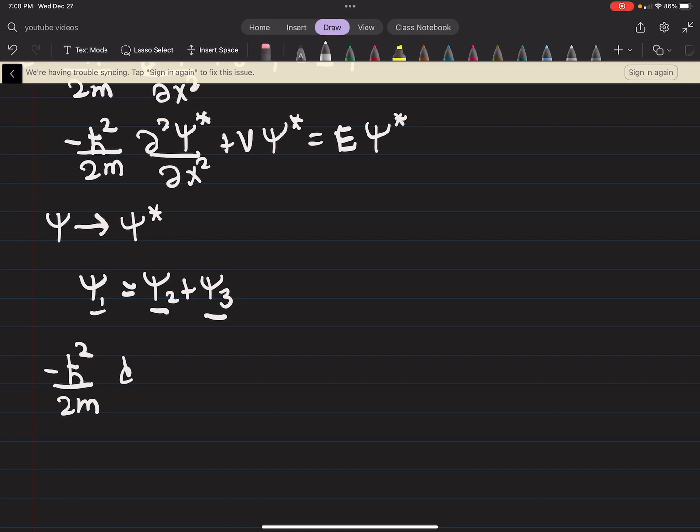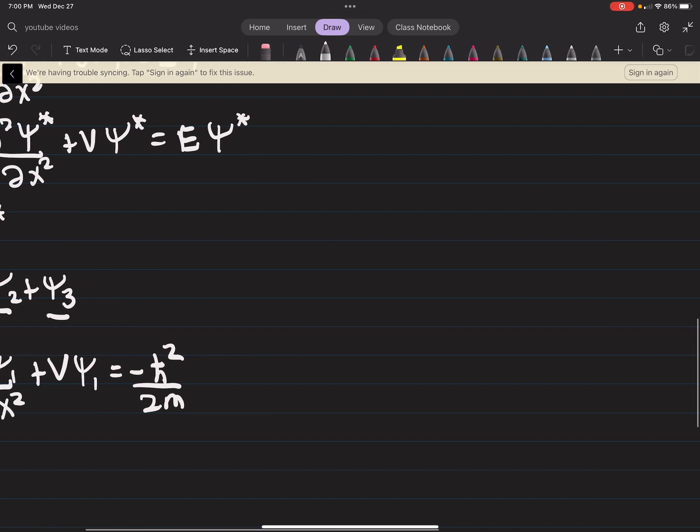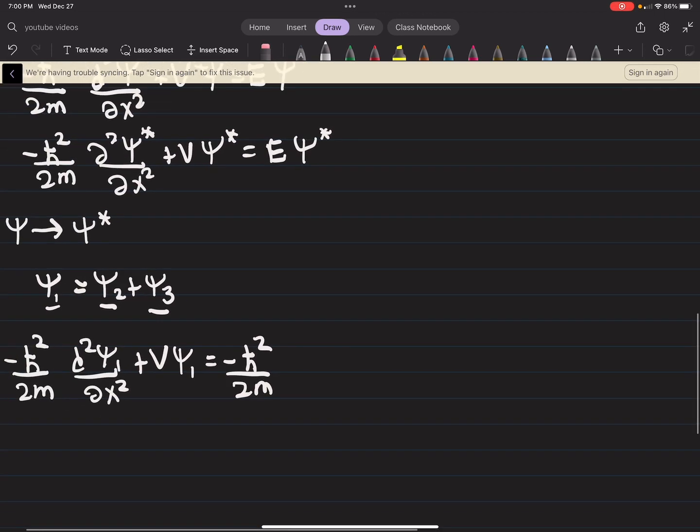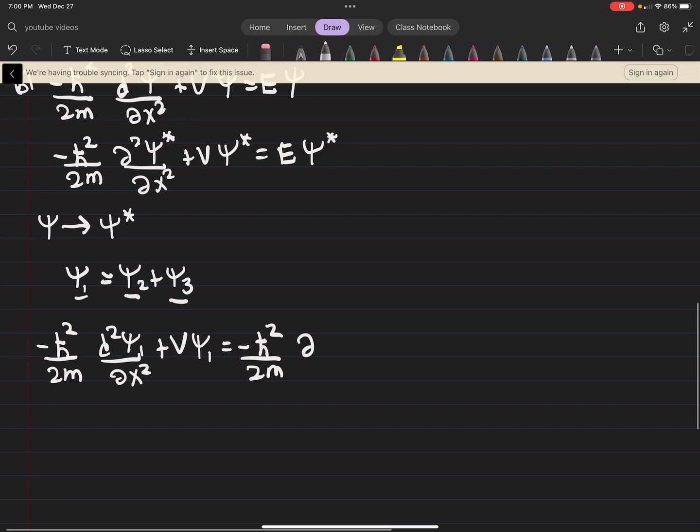And then from there, we'll be able to put together what they want. So Schrodinger's equation, and now everywhere we have psi 1, we're going to expand it as psi 2 plus psi 3, a linear combination. So what I'm going to do here is, instead of putting psi 1, we'll do the second derivative of psi 2 with respect to x.